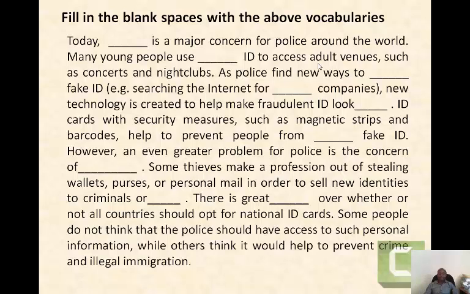There is great blank over whether or not all countries should opt for national ID cards. Some people do not think that the police should have access to such information, while others think it would help to prevent crime and illegal immigration.